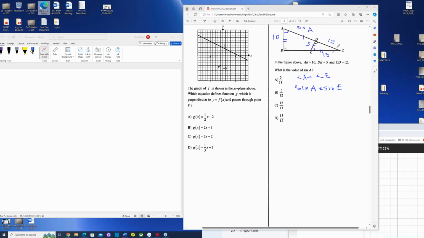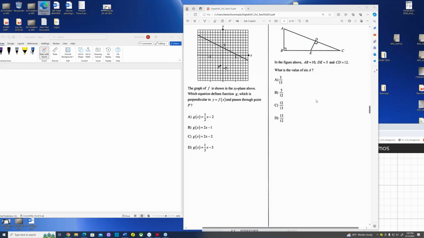Sine of E is the opposite side of this angle to the hypotenuse. Also a few second questions. Who understands this 100%? Good. So angle the same, sine the same. Okay, let me read everything. Next number.